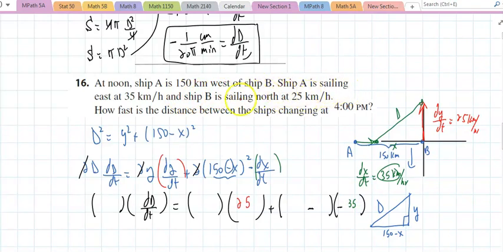This was at noon. At noon we were at those distances. By 4 o'clock, 4 hours. X is moving at 35 kilometers per hour. Times 4, that's 140.